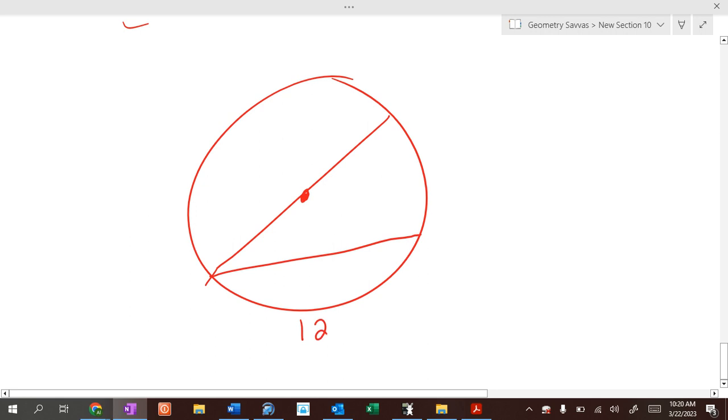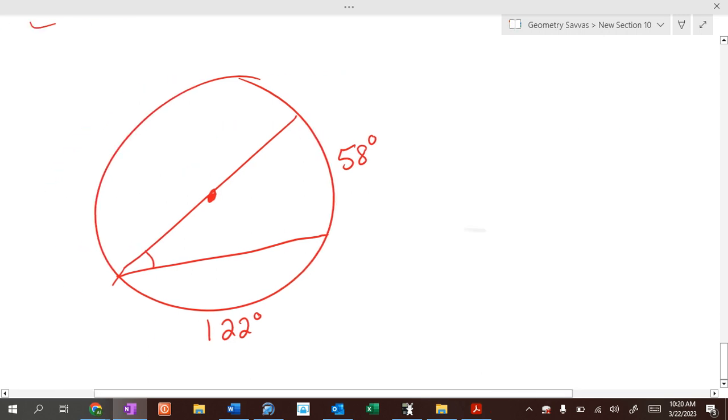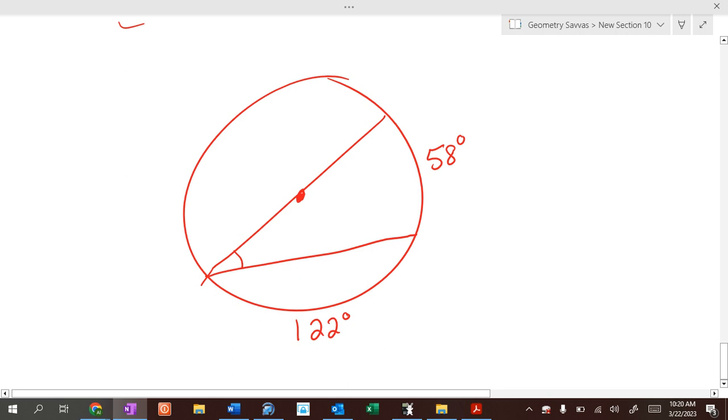If this is 122 degrees, what's this angle right here? No, it's not 61. It's not 58, not the angle. Something in there is 58. 58 is this arc over here, right? Because you took 180 minus 122 and you got 58. So then this is 29.